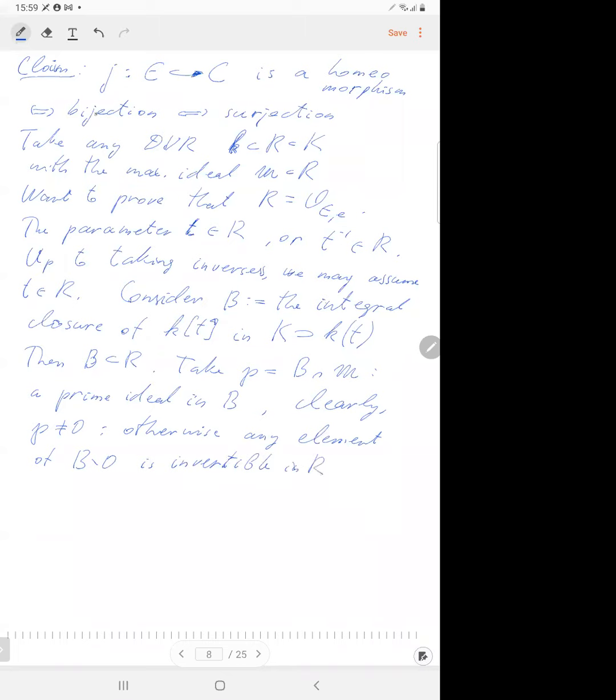Because the complement to the maximal ideal in R consists of invertible elements. So everything in B will be invertible in R, and hence R will be equal to K, which is nonsense. Okay, so P is really a non-zero prime ideal in B.